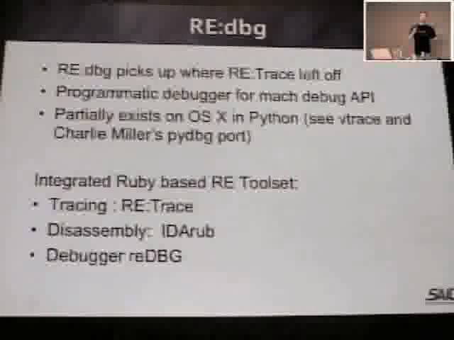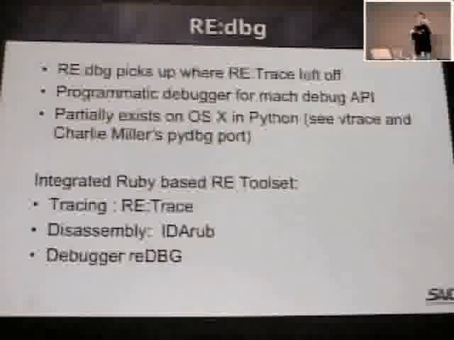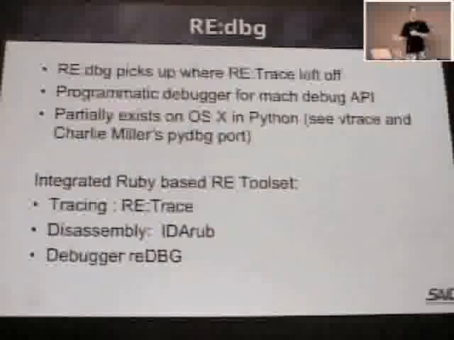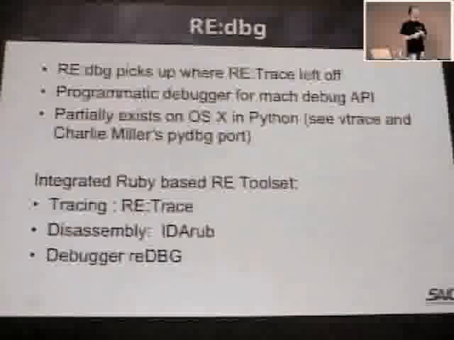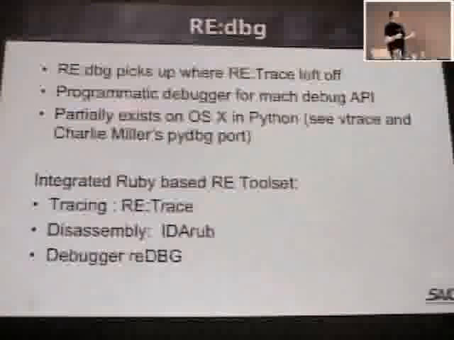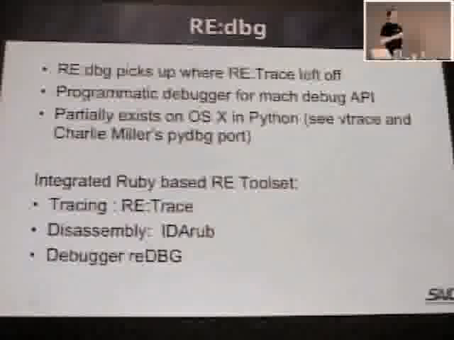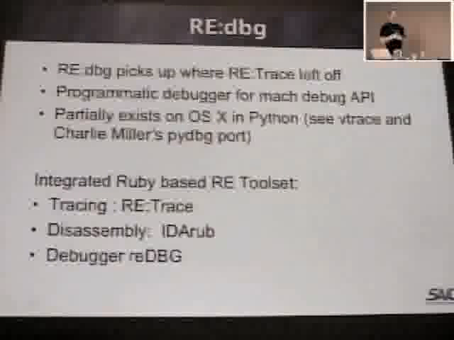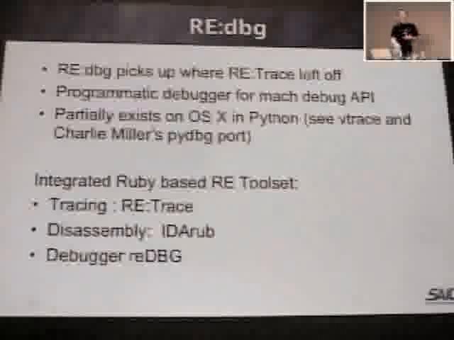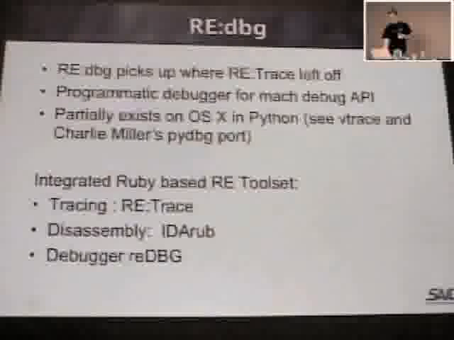What he did there was write a MacDLL file that translates everything that PyMate needs into the Mach debugging API equivalents. But it's not complete in the sense of everything we want to do. So we're re-implementing it. You can expect to see something like GDB, a programmatic Python debugger, where you set breakpoints and you can change memory values.